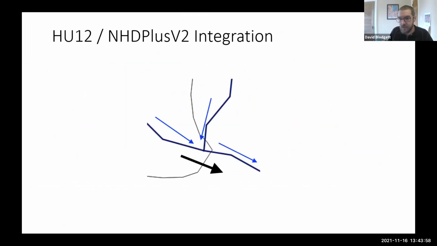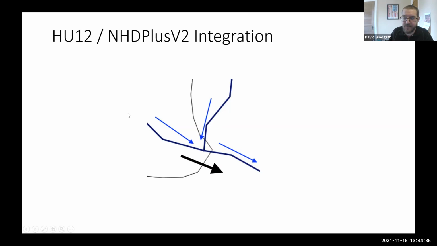Okay, so some nuances, and the Mainstems paper gets into some of these in the annexes. If we try to integrate 12-digit hydrologic unit code watersheds and NHDPlus version 2, this is medium resolution 1 to 100K hydrographic feature lines, we end up with situations like this where there's a flow line that will just tag into the bottom of some catchment or some hydrologic unit and then flow out.